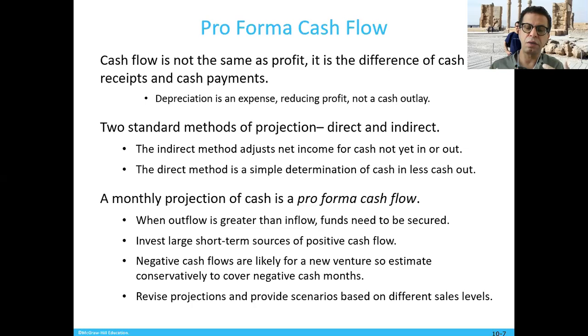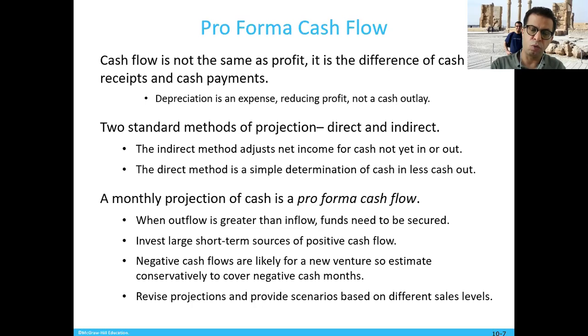in estimating your cash flow: cash in, cash out, how much cash is coming in, how much cash is going out. And the second way is the indirect method, which adjusts your net income for the cash not yet in. So if the cash doesn't come into your pocket from the customer, it's not part of your income.